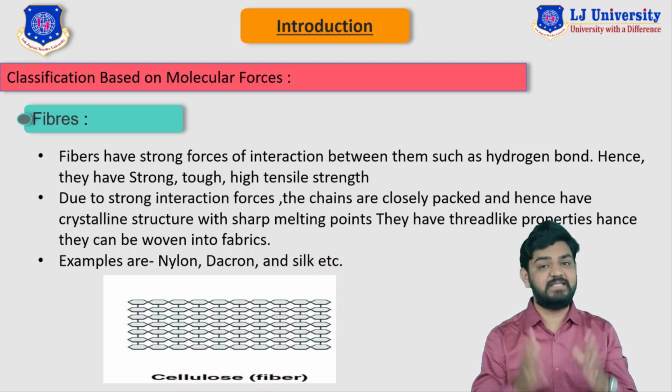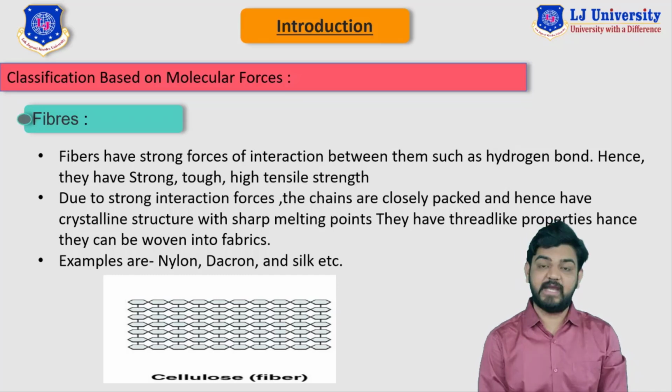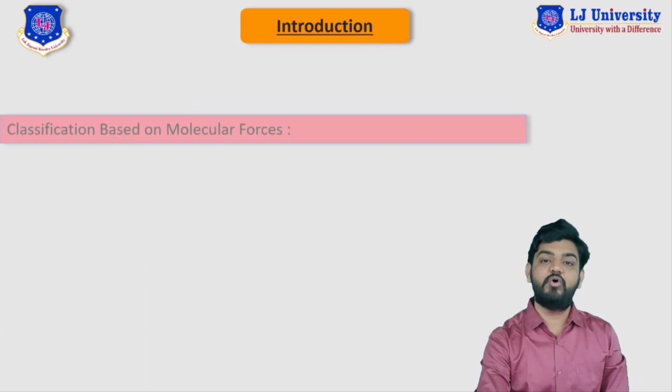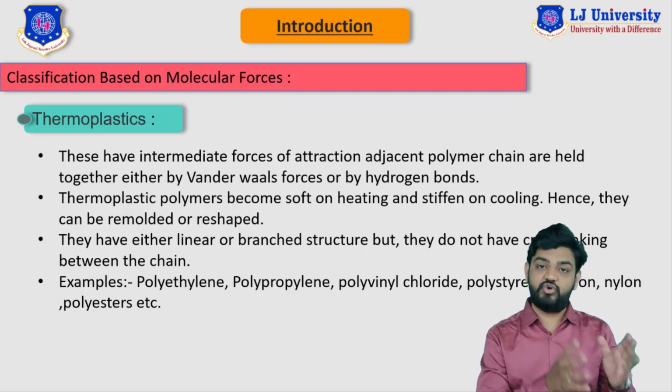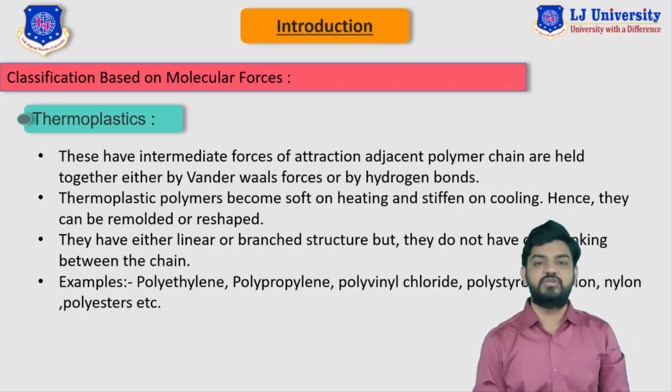Now, having said that, let's move to the third category of the polymer based on the molecular forces, and that is thermoplastic polymers. Well, in the thermoplastic polymer, the intermolecular forces are in between hydrogen and van der Waals bond. So, we can say that this is a mixture of elastomer and fibers.